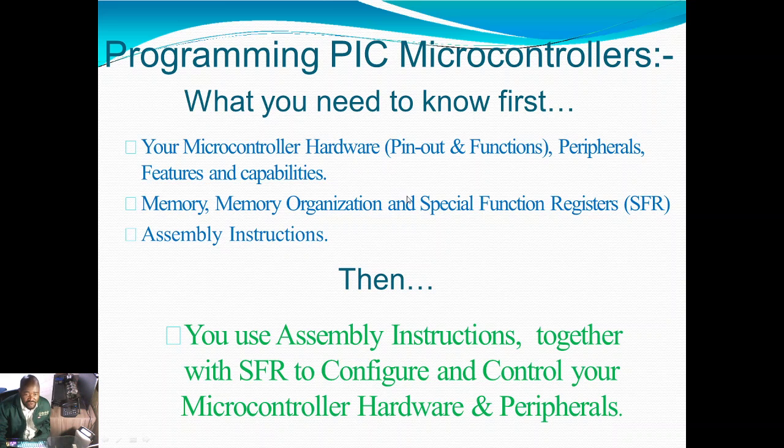Then you need also to know its memory organization and special function registers, because these are the registers you use to control the hardware. And then you need to also learn your assembly instructions, because you use these assembly instructions together with your special function registers to configure and control your microcontroller. You need to know these three so that you can get started with assembly language programming.